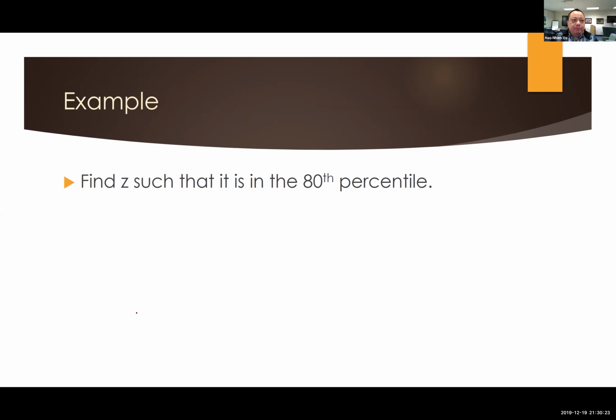All right, so for example, the question is to find z such that it is in the 80th percentile. Okay? For these problems, for the normal problems, the first thing you should always do is to draw the diagram of the bell shape. So for this problem, I'm going to draw the bell shape.